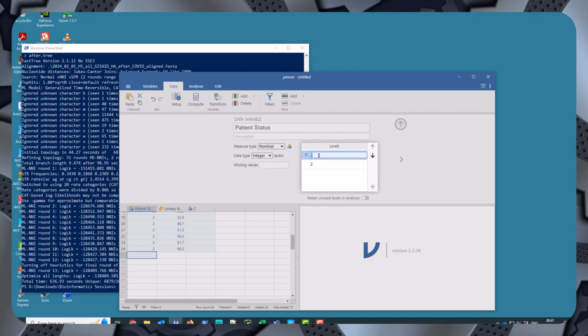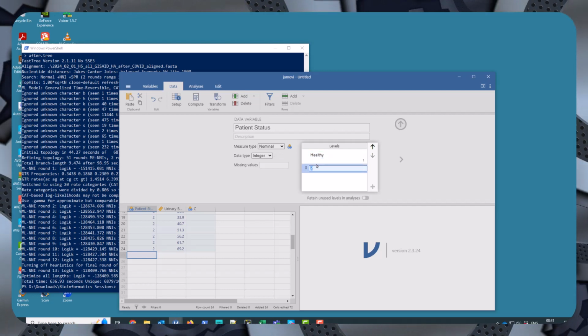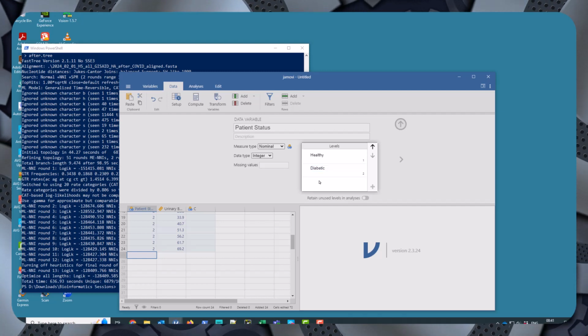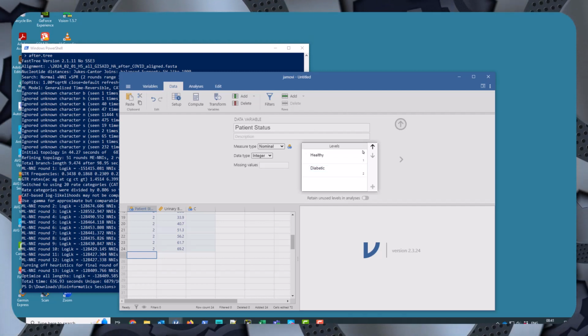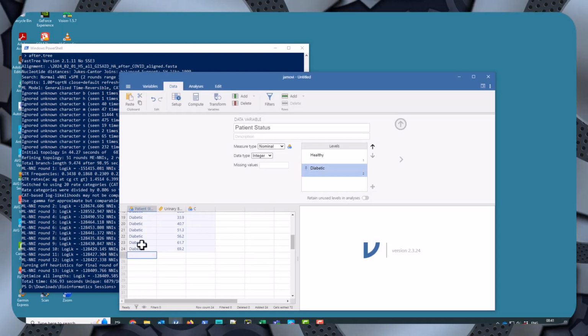Well, yeah, we'll put healthy. I'm going to put normal because normal has different things. And level 2 is diabetic. So they are represented by the numbers 1 and 2. That's all good.